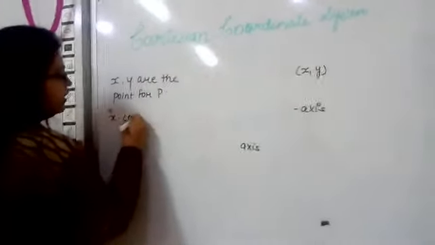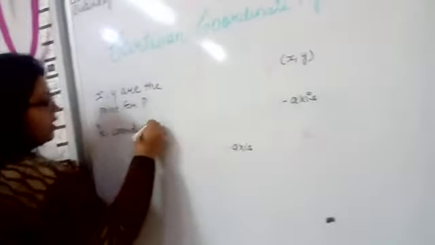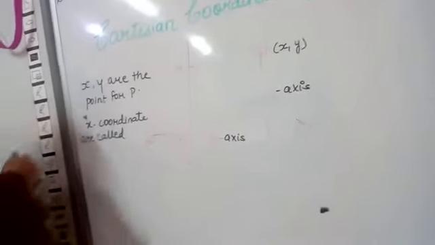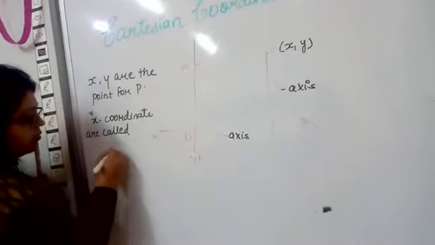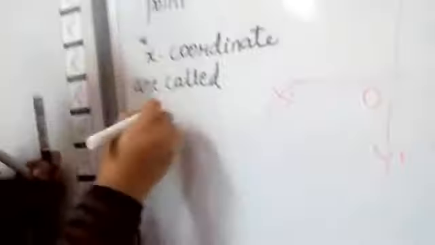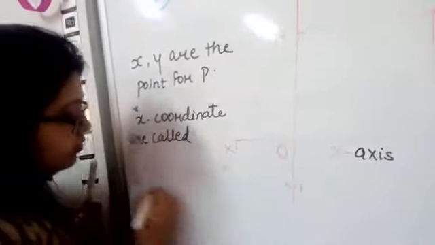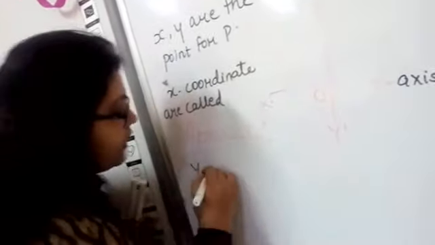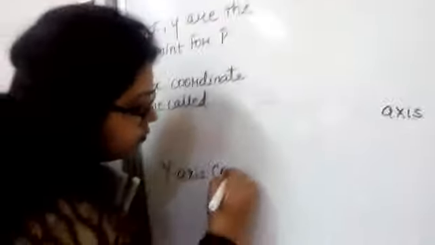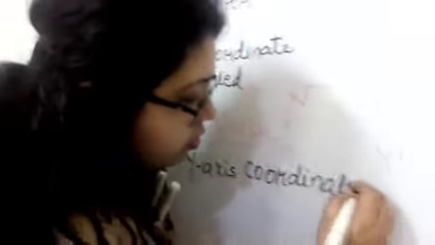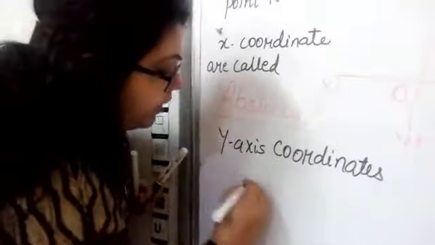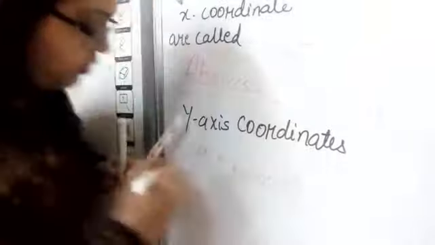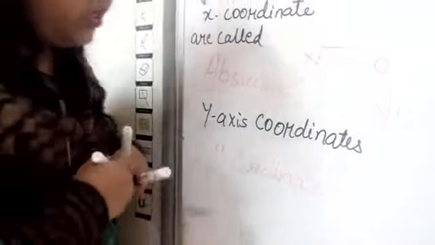The x coordinate is also called, what do we call it? Abscissa. Okay, and for the y-axis, the coordinate we call the ordinate.